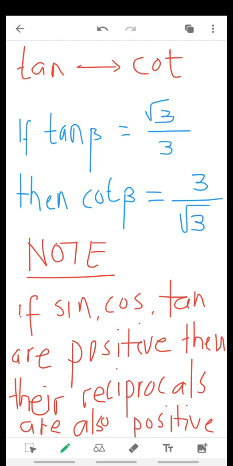It's like we are just inverting: the top goes bottom, the bottom goes up, and those are reciprocals. Now note, if the sine, the cos, the tan are given as positive ratios, then their reciprocals are also positive. I hope you have checked as we were doing in the above slides.